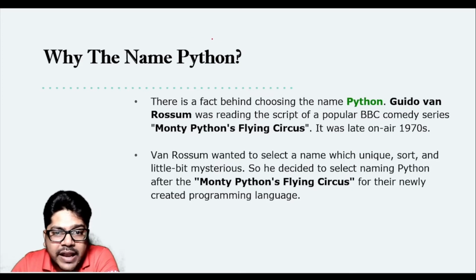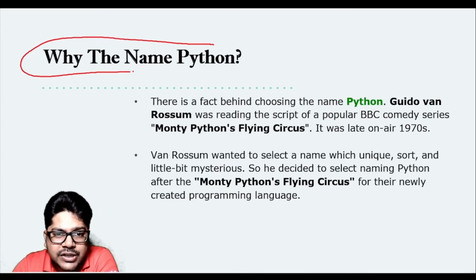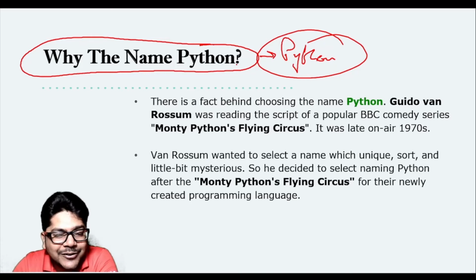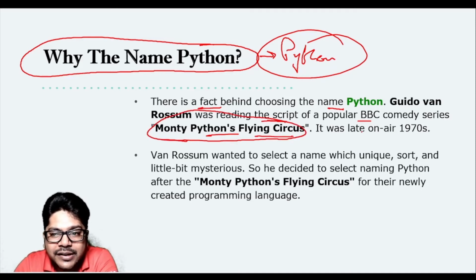Now, talking about why the name Python, this is a very interesting question. I always come across this. Most of the time students say Python got its name from the snake, but there is no such thing. There is a fact behind choosing the name Python. Guido van Rossum was reading the scripts of a popular BBC comedy series, Monty Python's Flying Circus, which was on air in the late 1970s.